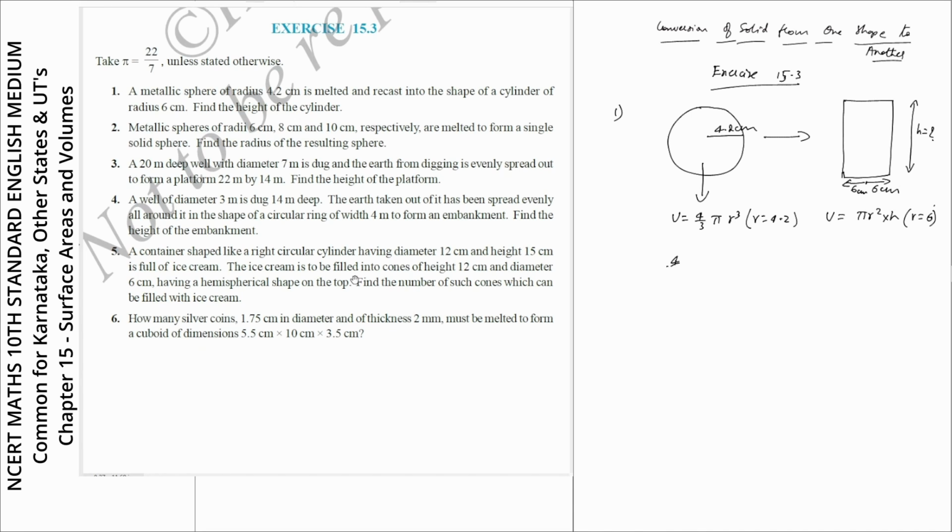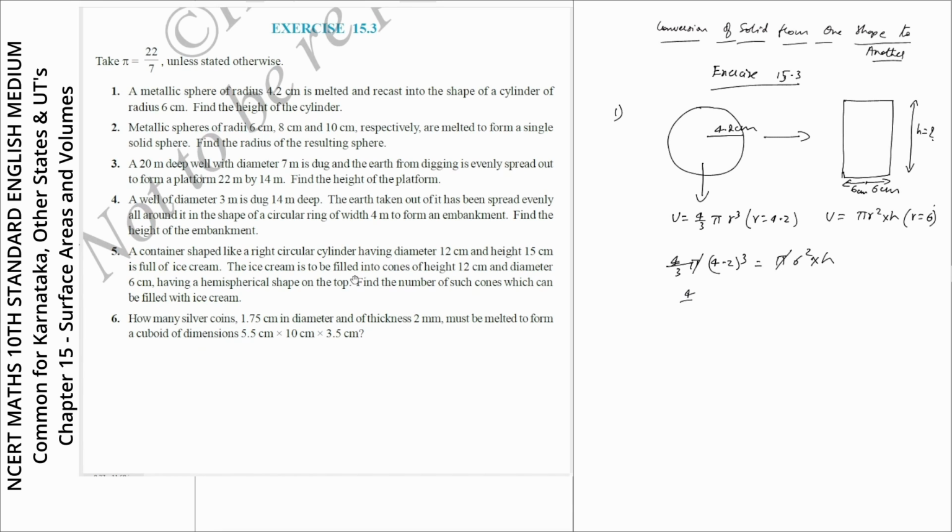So 4 by 3 pi, substitute the values of r. Here it is 4.2 the whole cube is equal to, here pi r square, r is 6, so pi 6 square into h. So these two are equal. Now here pi and pi will get cancelled.